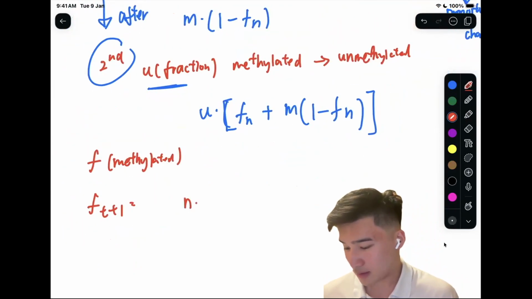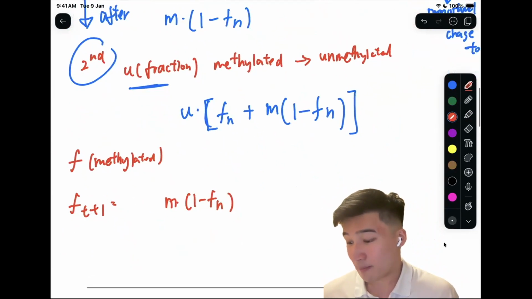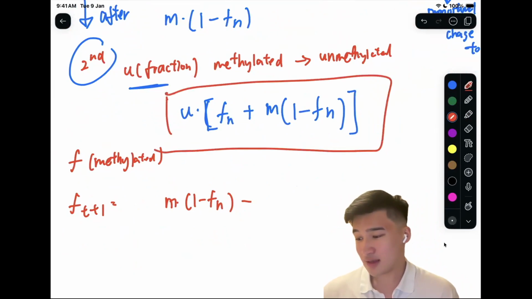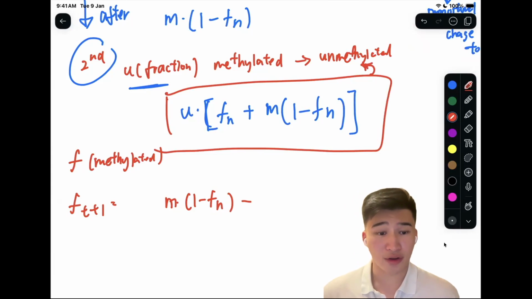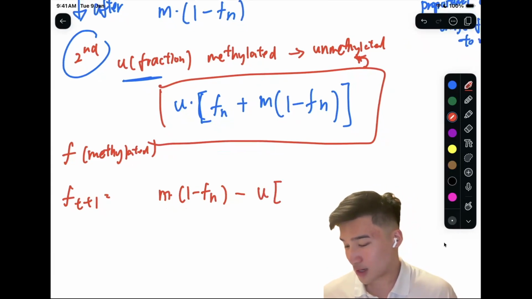We have M times 1 minus Fn, which is our first step. And we want a minus because the result of this is going to show you the portion of unmethylated, and we don't want that. What we're looking for is the methylated one. So we want to minus u times everything that's inside.